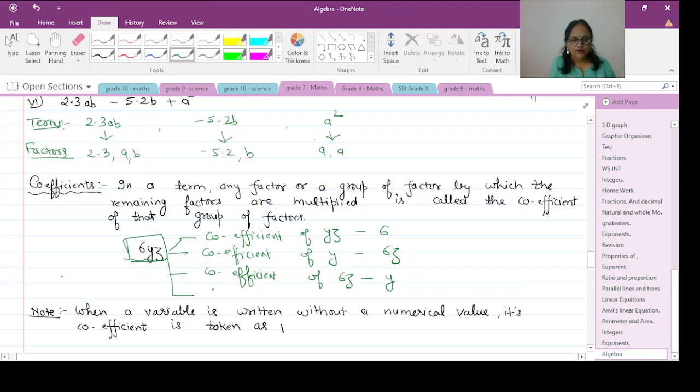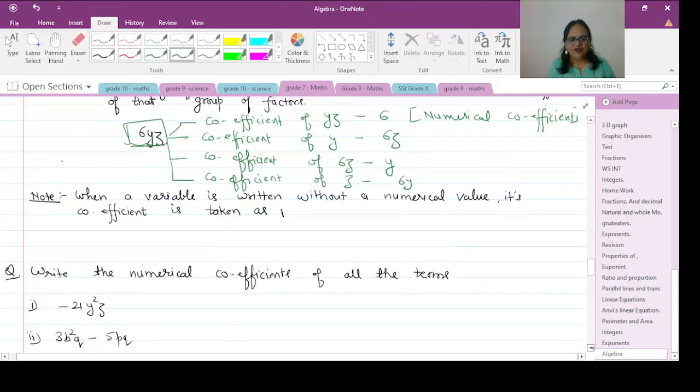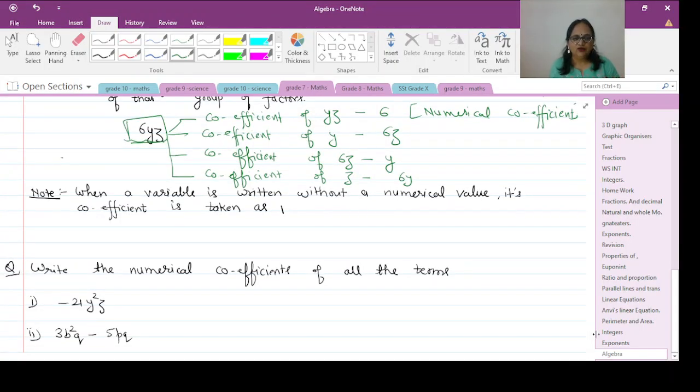One more. 6 जो है ना, it is called the numerical coefficient also. Coefficient of z, hide z, you are left with 6y.